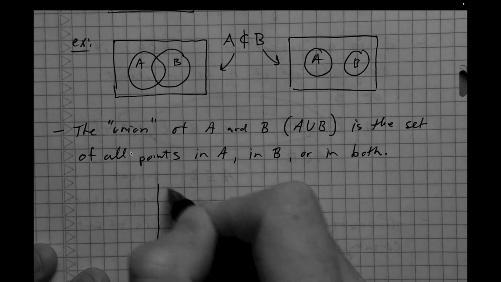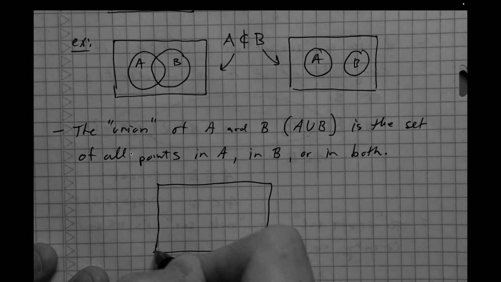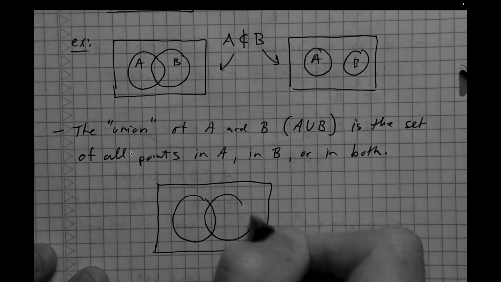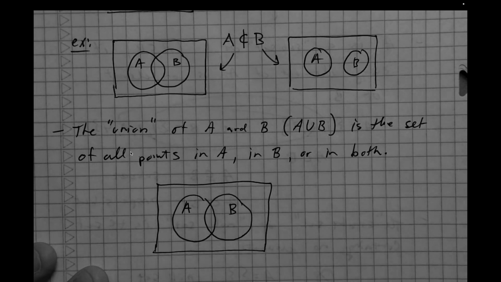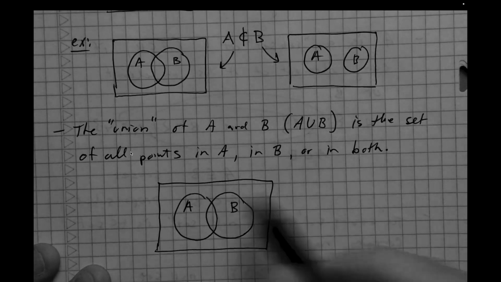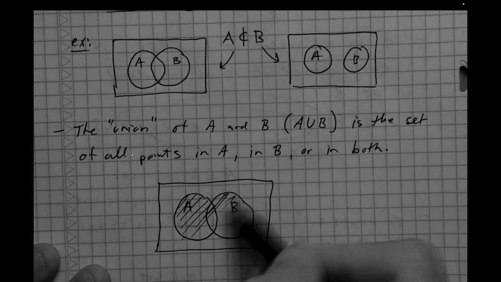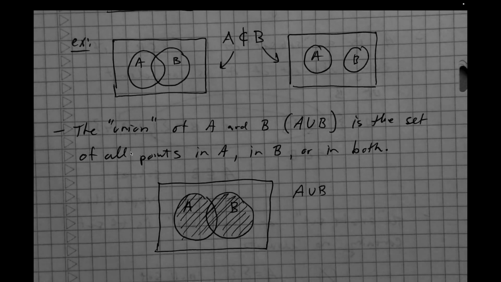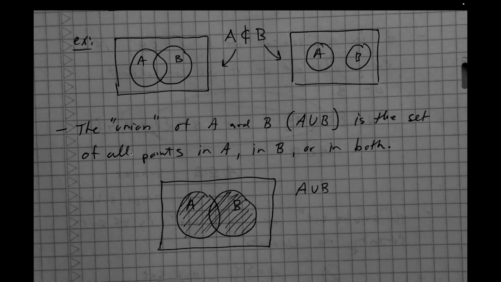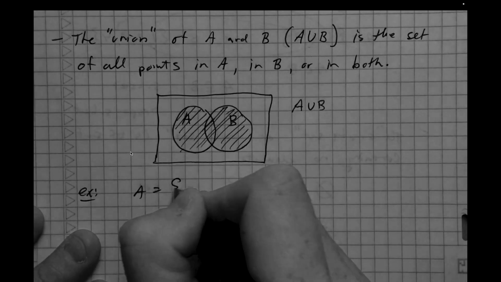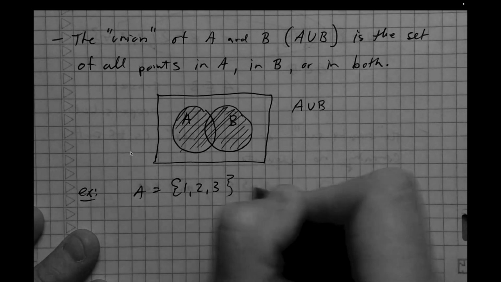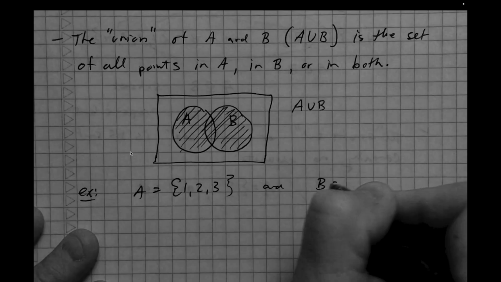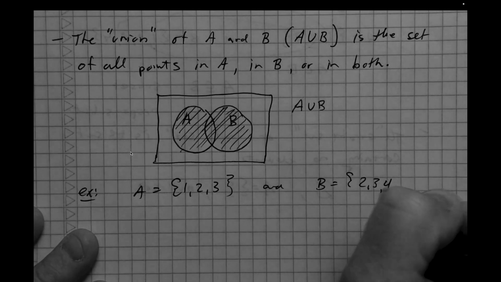And to see that with a Venn diagram, we take our A and our B, and they overlap some. In this case, they don't have to. But the union then is everything that's in one or the other, or both. A concrete example here would be, let A equal 1, 2, 3, and let B equal 2, 3, 4.